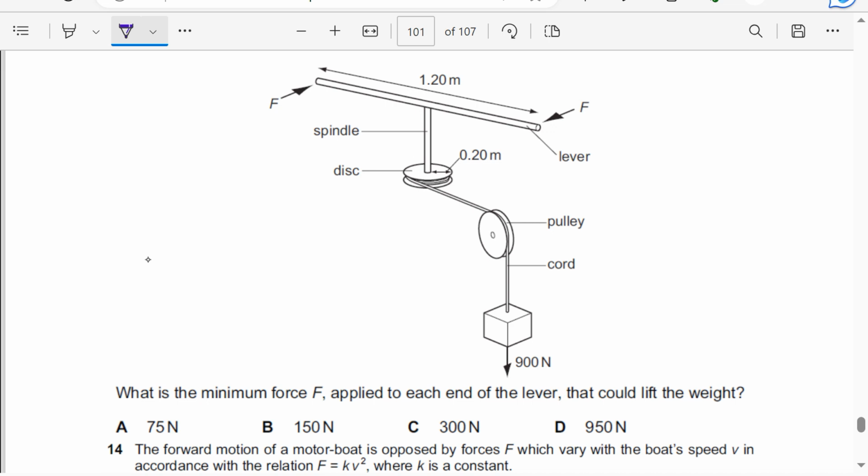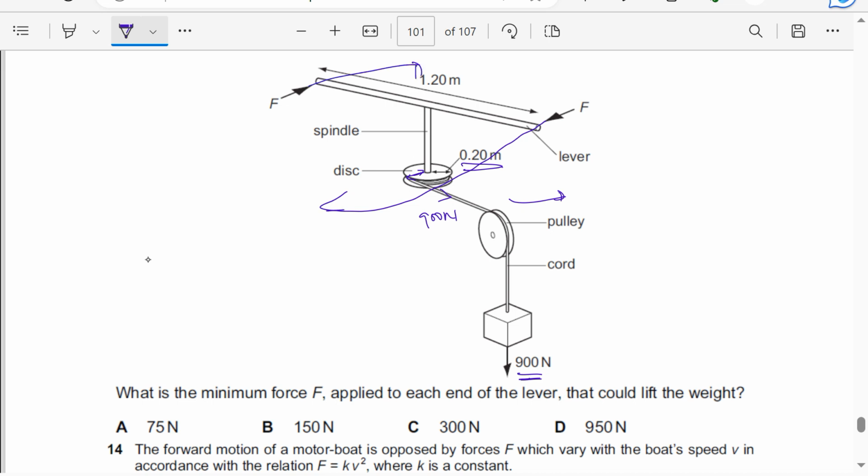Okay, so there's tension in this cord, which is still 900 newtons because the weight here is 900. So the perpendicular distance from that line to that point there is the same as this one. And notice that this is an anti-clockwise moment, and yet the torques are causing a clockwise moment.